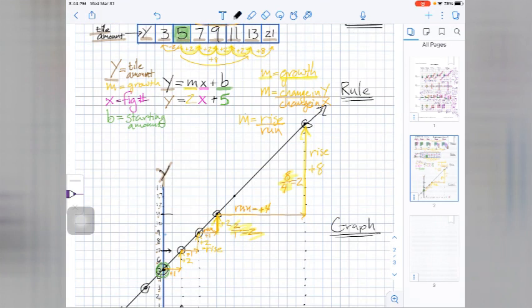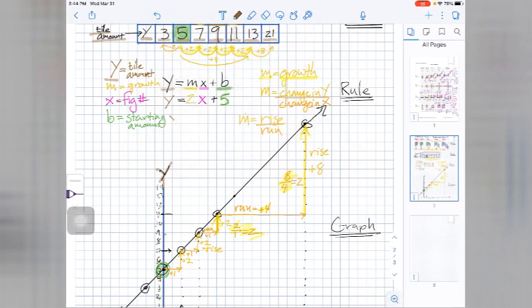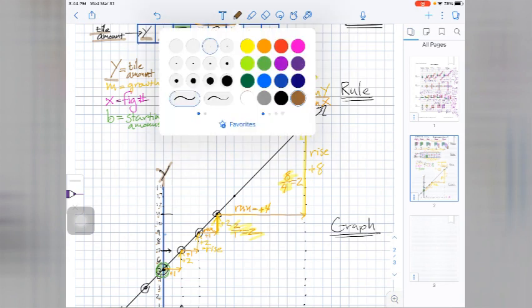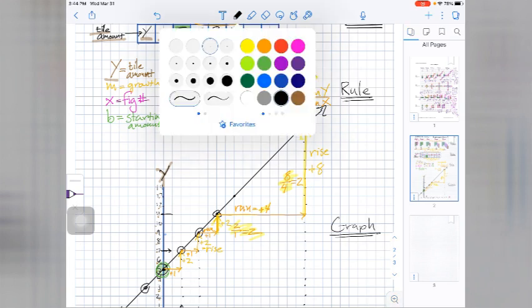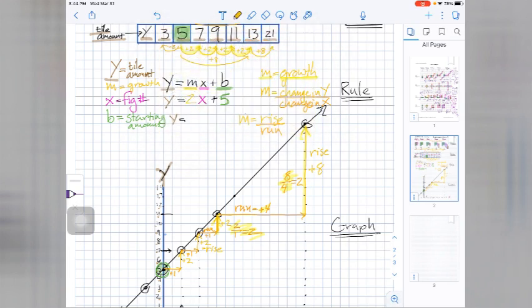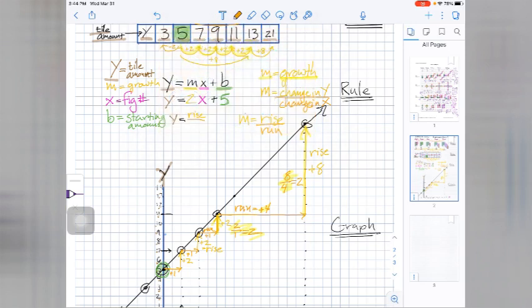So if I was to show this in my rule, I would show y is equal to, I have all these different colors now, so bear with me while I change colors. y is equal to the rise over the run, because m is equal to the rise over the run.